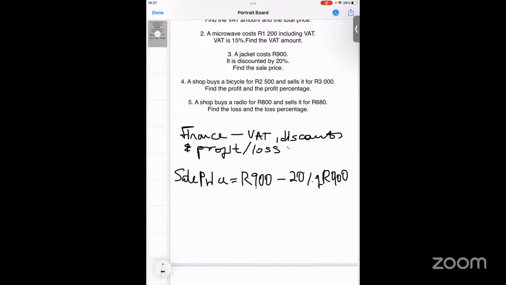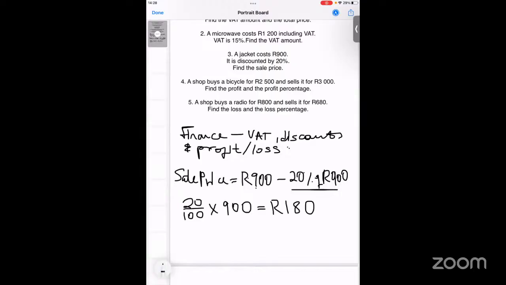I definitely think this is what it is going to be. Maybe let's find 20% of 900. So 20% of 900 would be, in terms of a calculation, 20 out of 100 multiplied by that. It gives 180 rands.